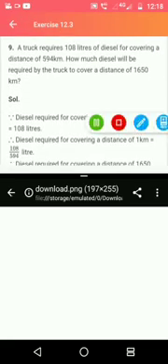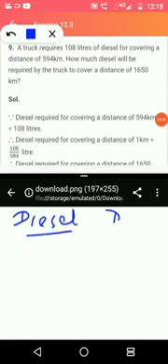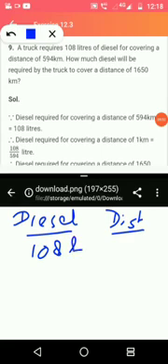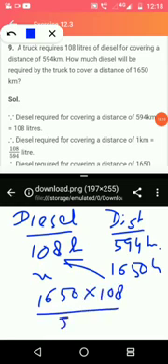A truck requires 108 liters of diesel for covering a distance. So here diesel and here distance. Okay. So 108 liters of diesel is required to cover 594 kilometers. How much diesel will be required for 1650 kilometer? Cross multiply again, 1650 into 108 divided by 594.